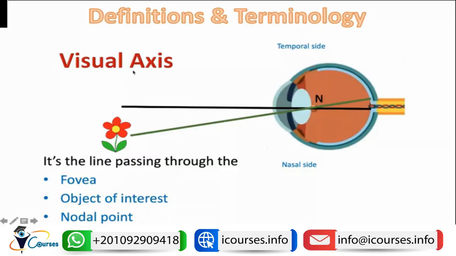The visual axis is the line that passes through the object of interest and the nodal point and the fovea. Again, the visual axis is the axis that connects the object of interest to the nodal point, to the fovea.